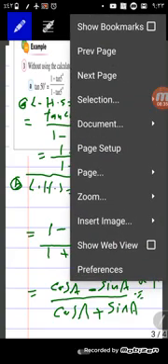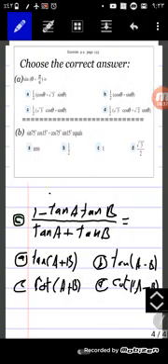Now we can solve another example. Choose the correct answer. Sine of theta plus pi over 6.